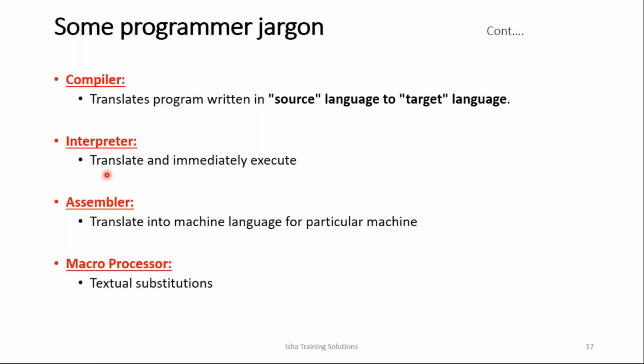Next one is interpreter. It translates and immediately executes. This interpreter will help in translating the source code to the target code or target language, and it will help in executing. Next one is assembler. It translates into machine language for a particular machine.